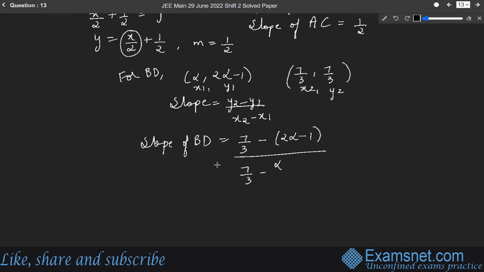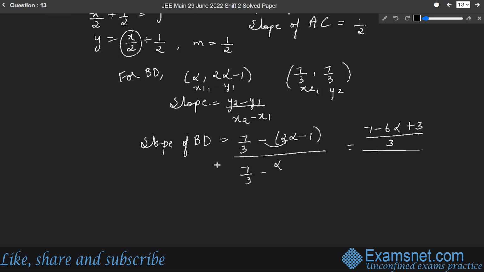Now, if we further solve it, taking the LCM, which will be 3, in the numerator we have 7 minus 3 times 2 alpha, which is minus 6 alpha, and minus minus 1 will be plus 3.